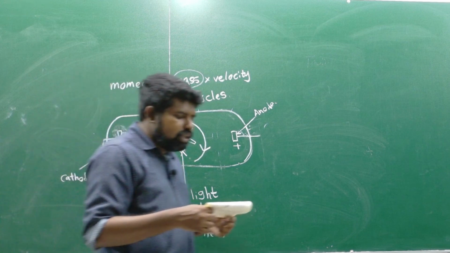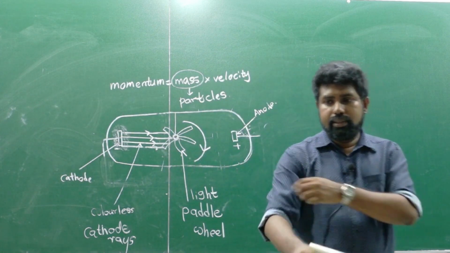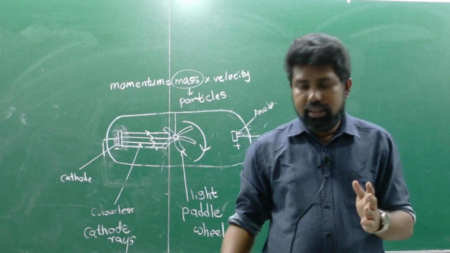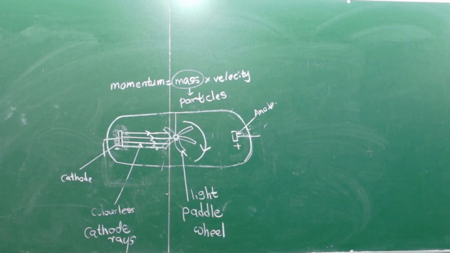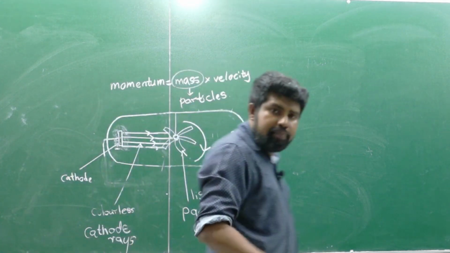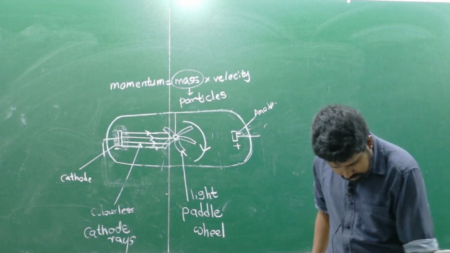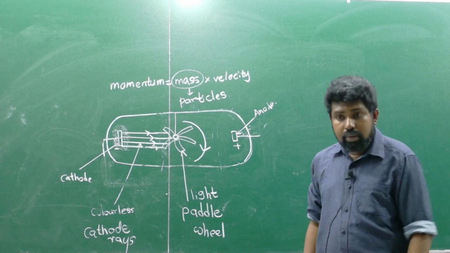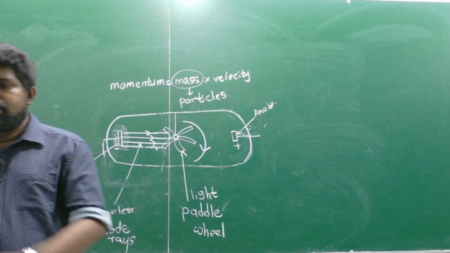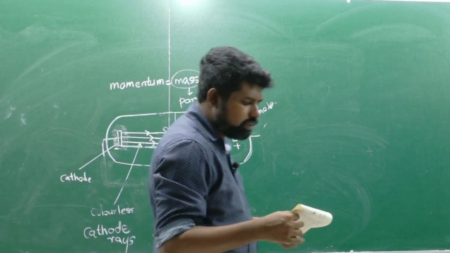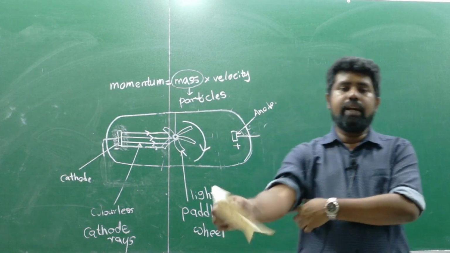Write down: a light, freely moving paddle wheel was placed in the path of cathode rays.